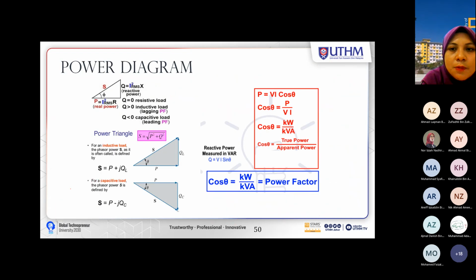So kalau kita boleh buat kesimpulan, P sama dengan IV cos theta. This one is S. Daripada power triangle ni, awak faham kan? Macam mana dapat P?